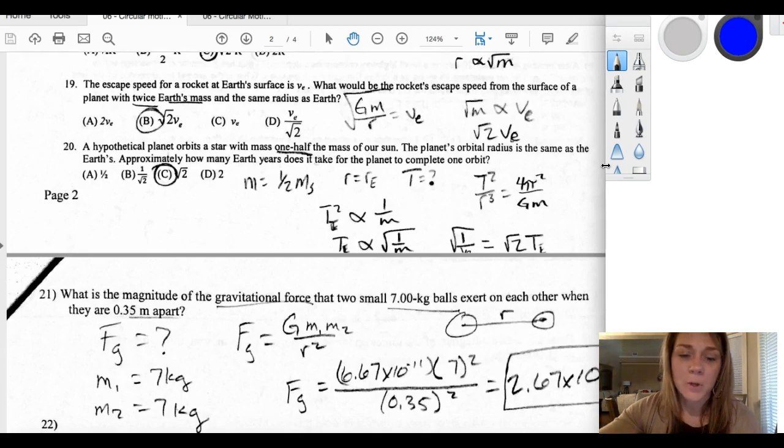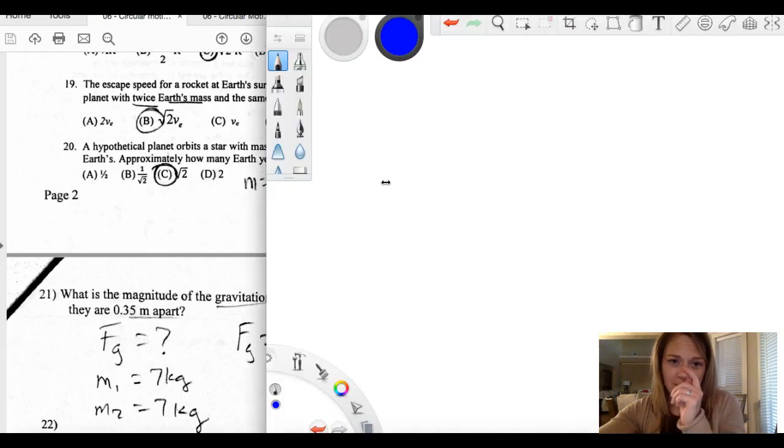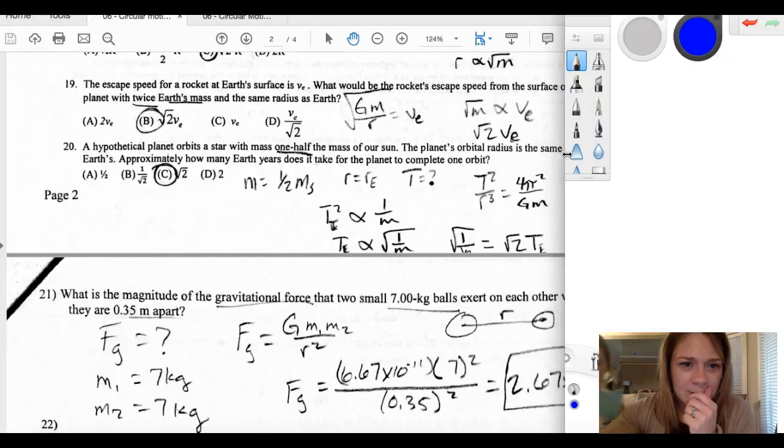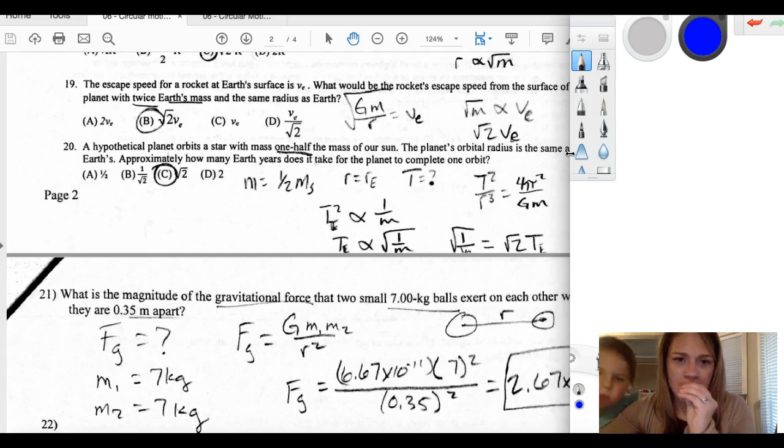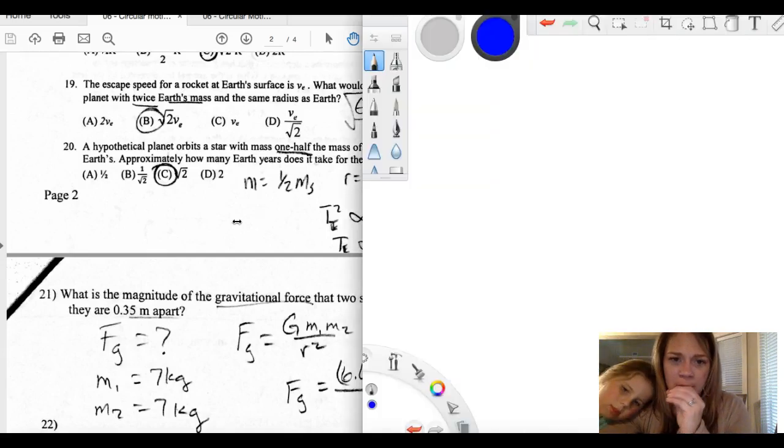Okay, so we need to first write down what they've given us and what they're asking us to find, because then I need to be able to find an equation that's going to relate those variables together. So the hypothetical planet orbits a star with mass one half the mass of our sun.